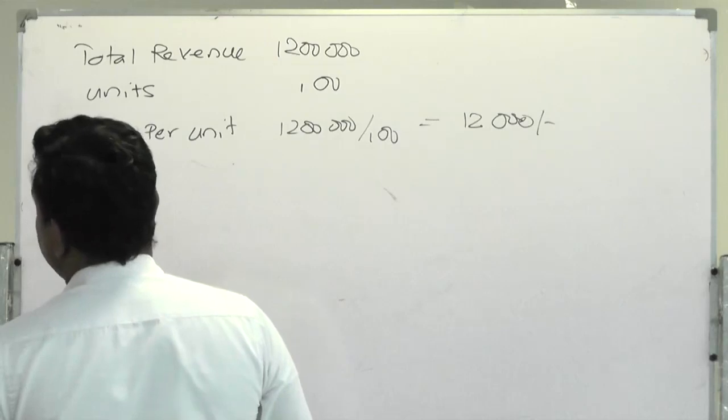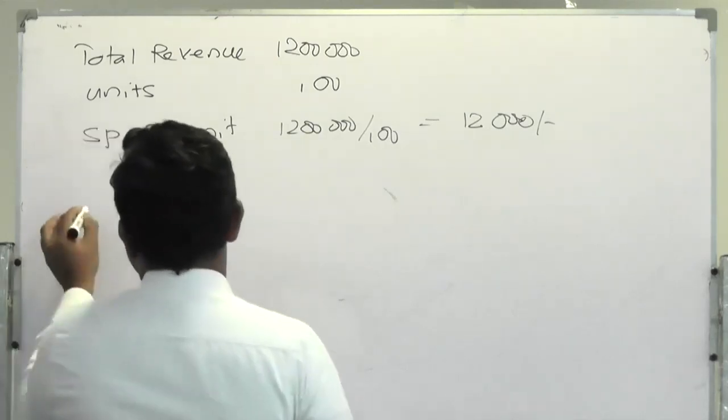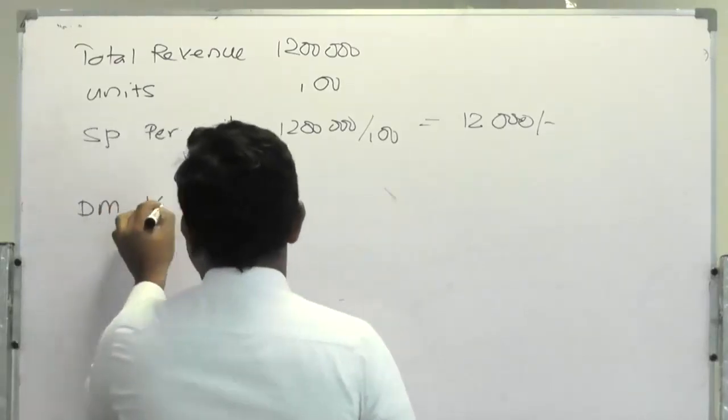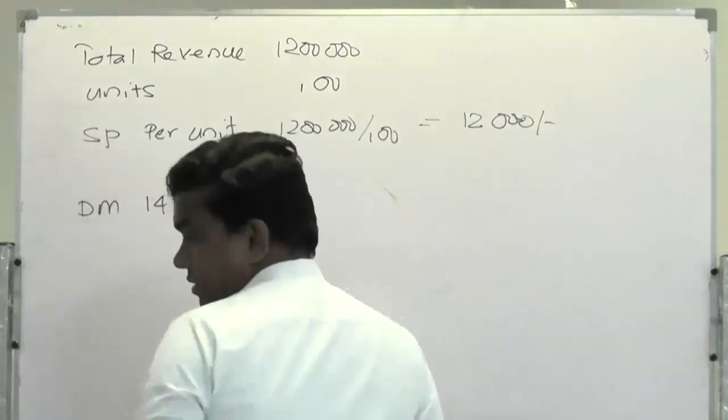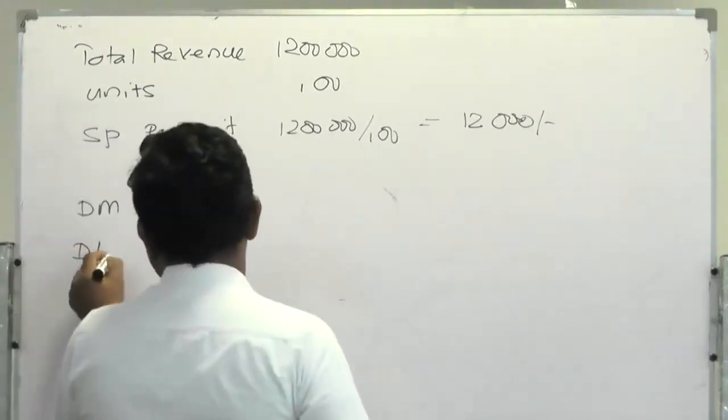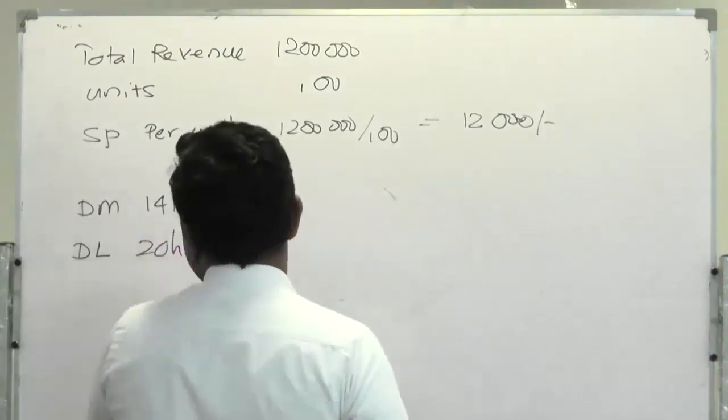Now we can take the variable cost. Each unit of X consumes 14 kilograms, that is direct material, and direct labor 20 hours.